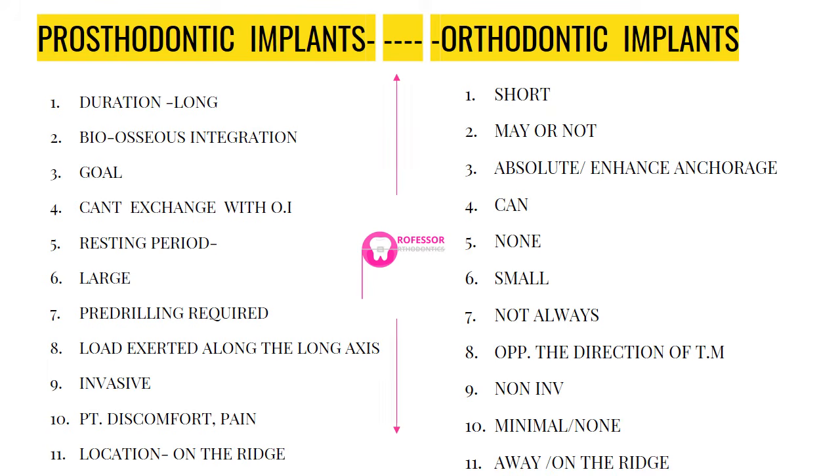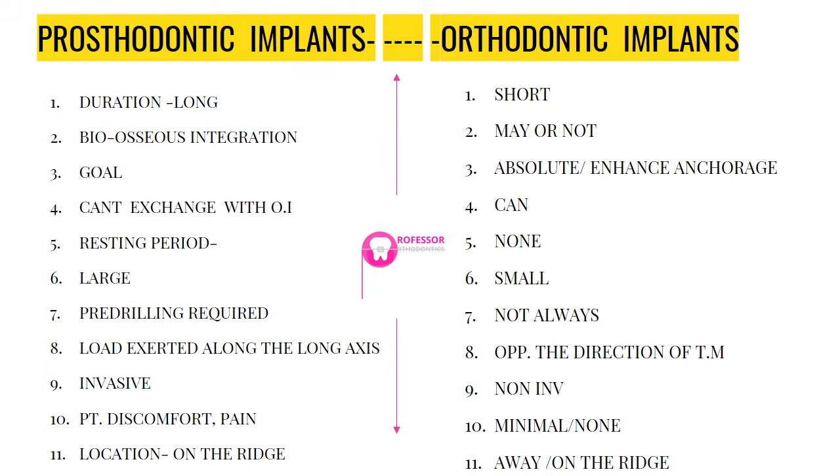The sixth point, yes, the prosthetic implants are quite large. You've seen in the earlier picture that they are larger in diameter, longer in size, they are bulkier. Of course, they are bulkier because they have the artificial roots and they have to replace the natural root. So they have to be a replica or a copy of the natural teeth, and hence they are bulky. They are like a root, they are bulky.